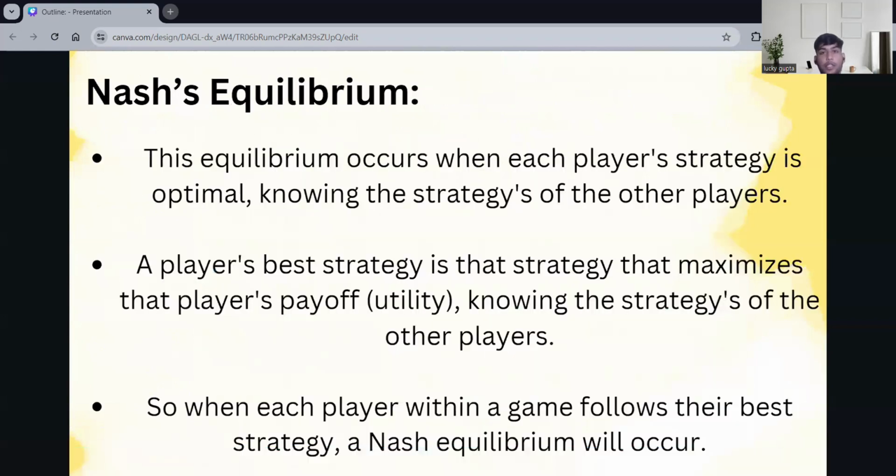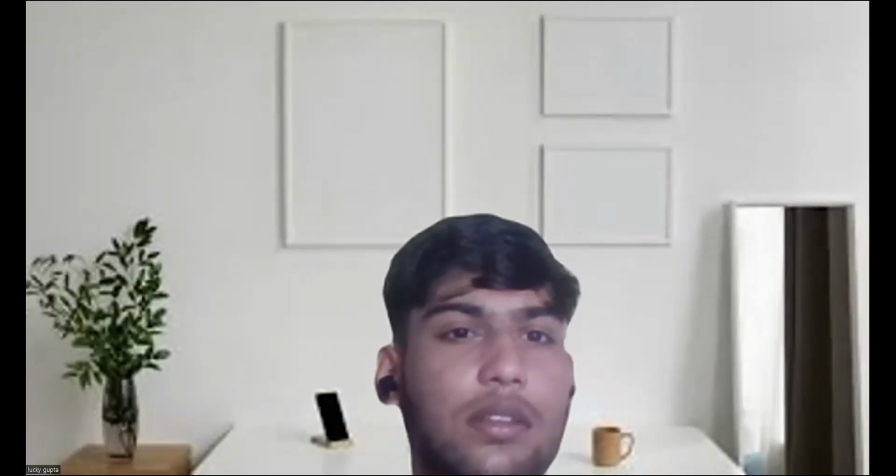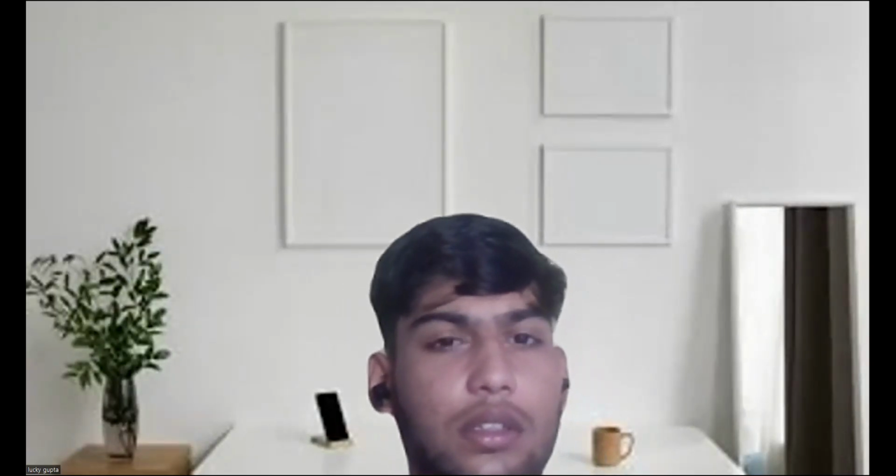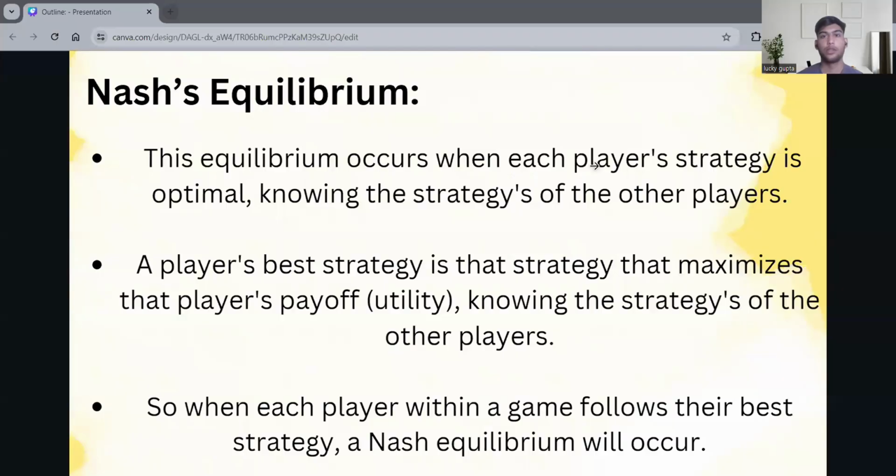What is Nash equilibrium? So let's now talk about Nash equilibrium. First, each player's strategy is optimal given the strategy of the other.